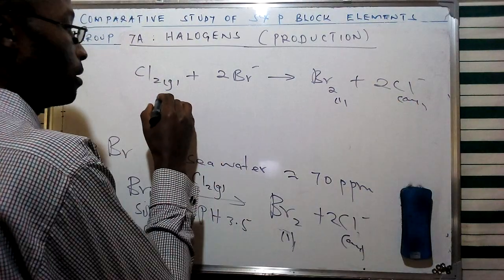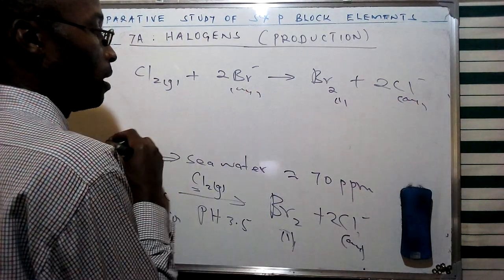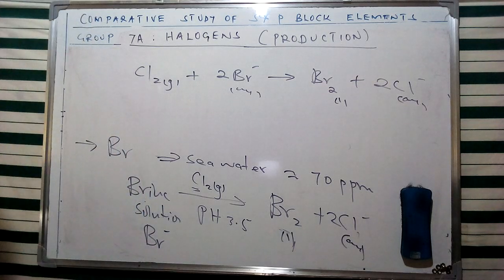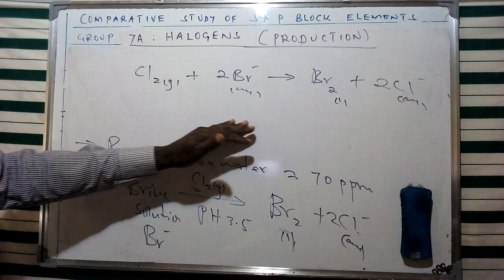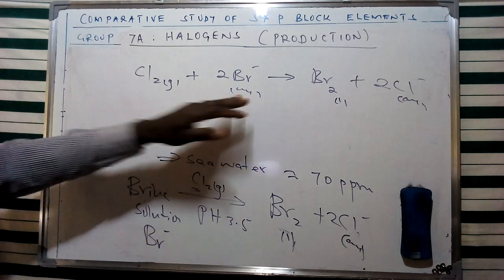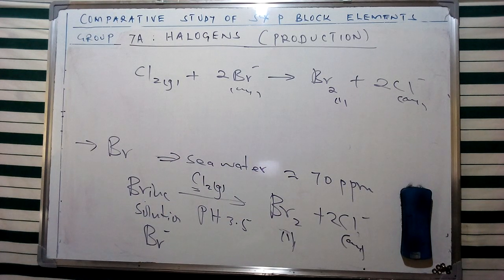So this is going to be aqueous, occurring after an adjustment of pH to 3.5, and then it's going to be oxidized by chlorine gas.